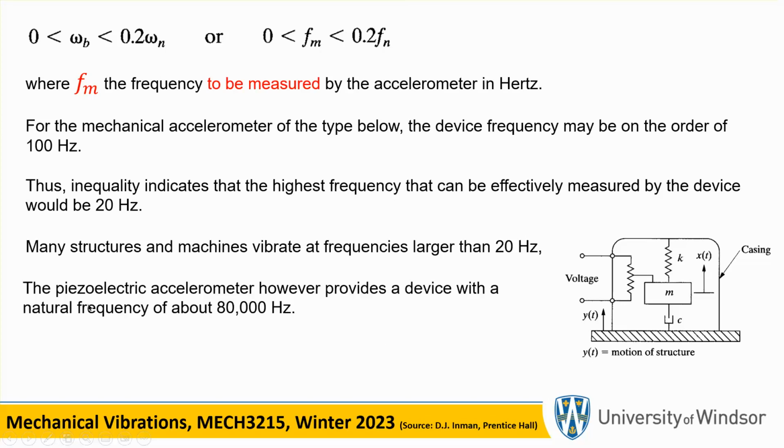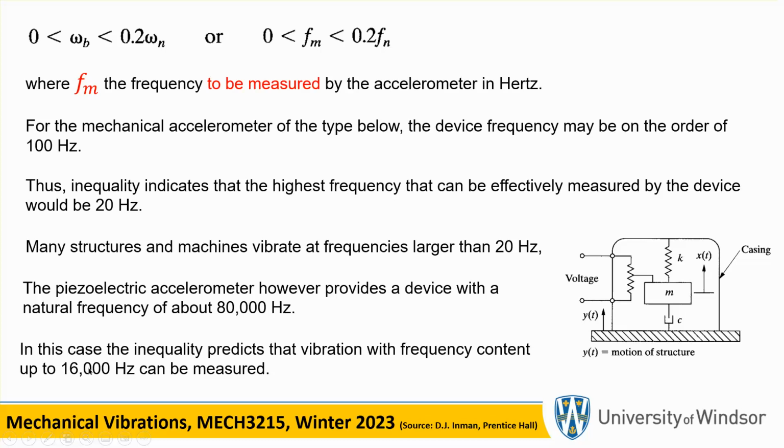Now, if you use a piezoelectric accelerometer, well, I'll show you what that means. A piezoelectric one has a much higher natural frequency. In other words, from 100 hertz for this one, you suddenly go to 80,000 hertz. That means the range of base motion frequencies whose acceleration you can actually find can be up to 16,000 hertz.